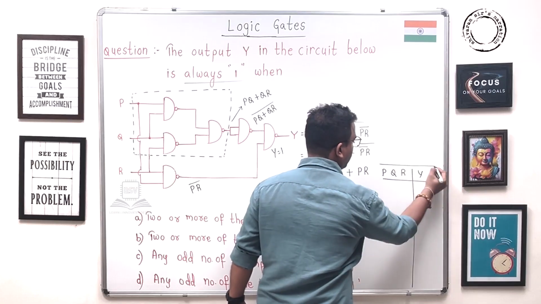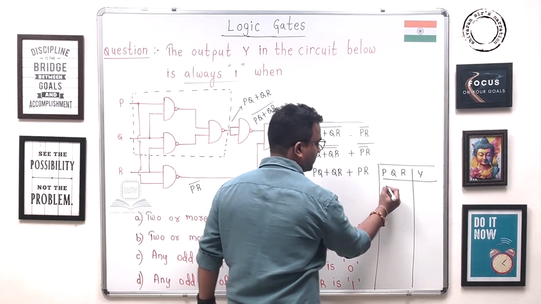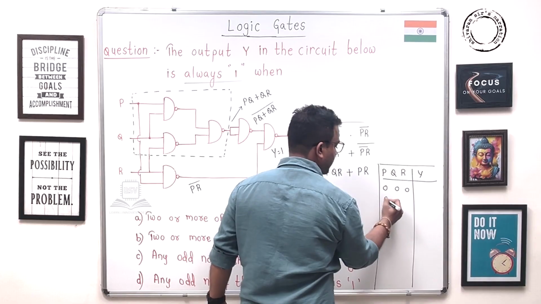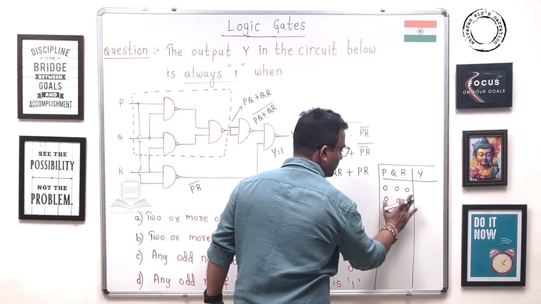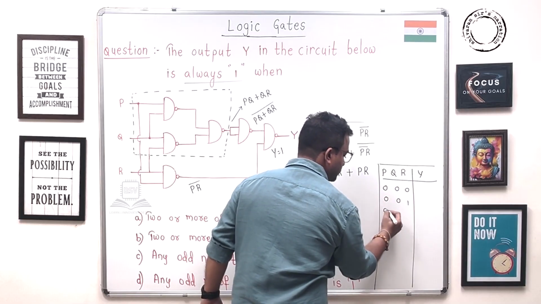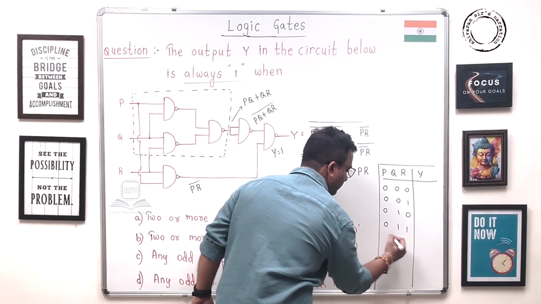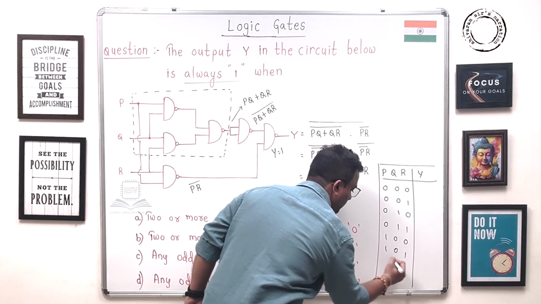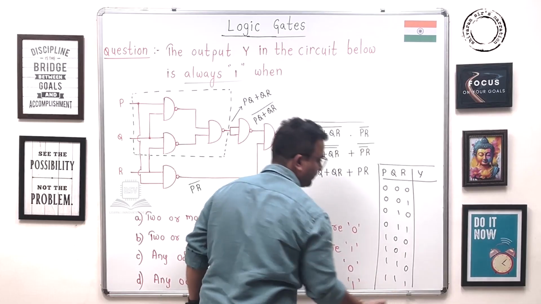For 3 variables, we will get 8 combinations: 000, 001, 010, 011, 100, 101, 110, 111.